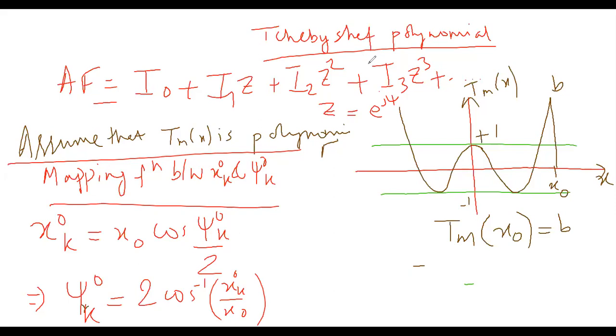Now, which Chebyshev polynomial will we be using? If you close your eyes and recall, I have written two forms: one expression that corresponds to x in the range between minus 1 and plus 1, and another one, the cos hyperbolic form, for mod of x greater than 1.